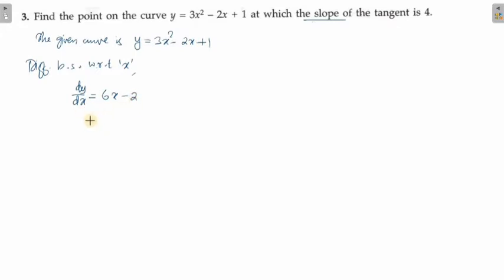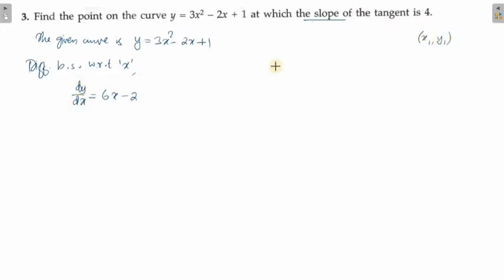Now the question is asking you the point at which the slope of the tangent is 4. So consider the point to be x1, y1. If I take the required point to be x1, y1, we need to find the slope, that is dy by dx at this point.